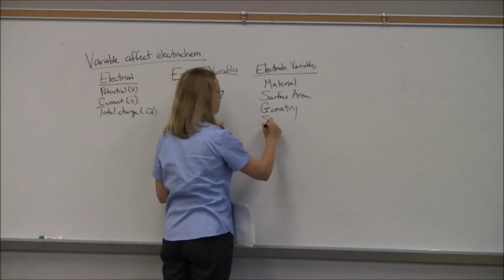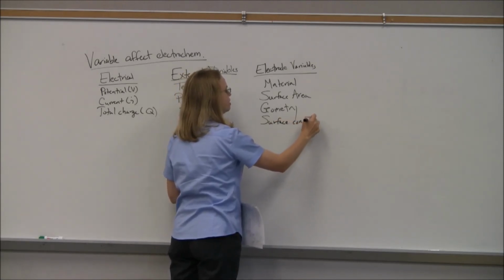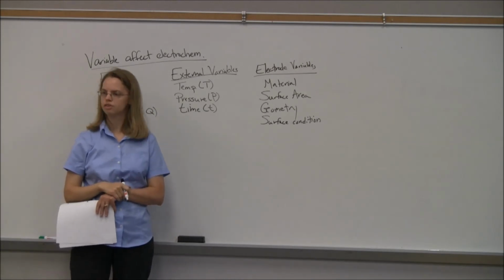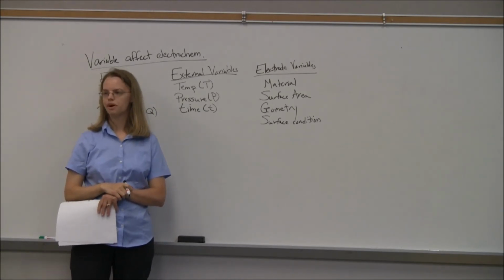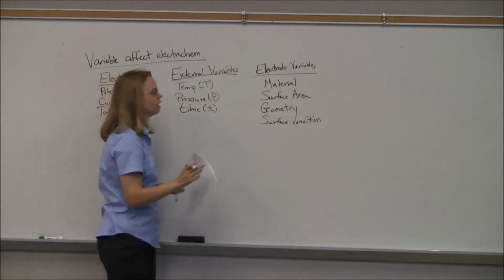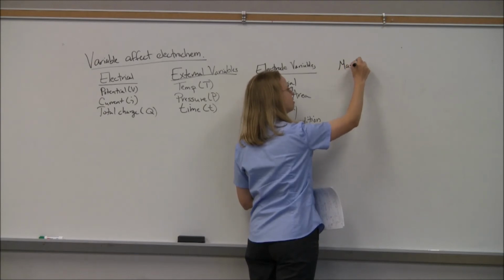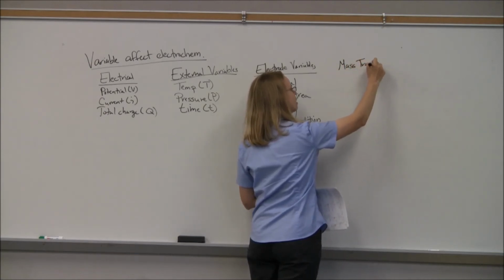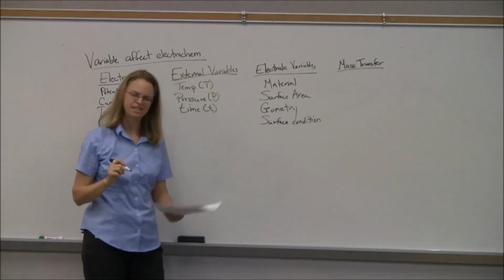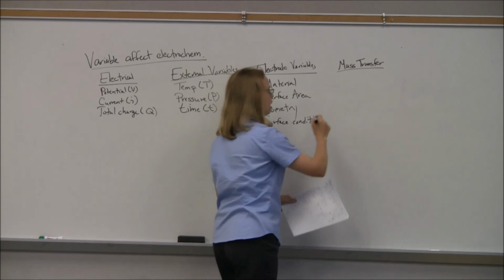And then we're going to lovingly call it the surface condition. We all know in our lab about things like surface fouling or surface oxide groups, what's going on at the surface, lots of different variables that can happen there. So what your electrode is can change electrochemistry. We'll talk a little bit about mass transfer, I think that's chapter 4.